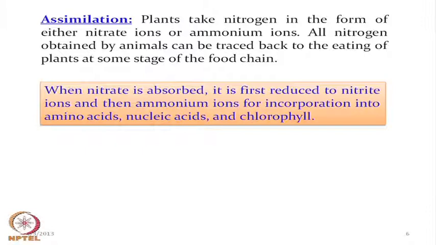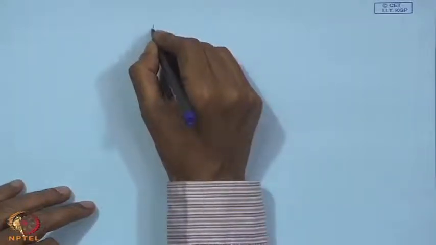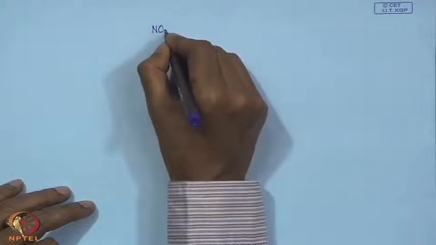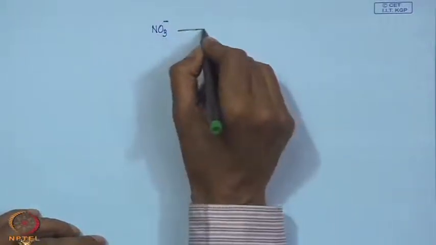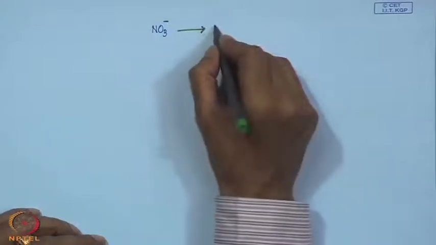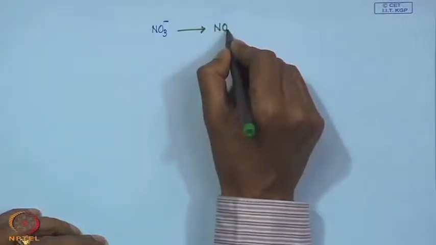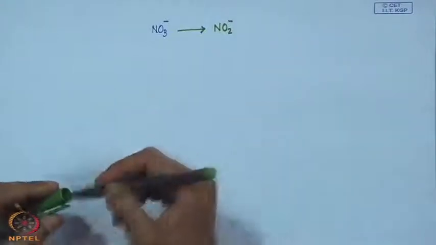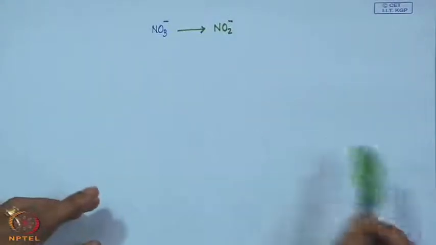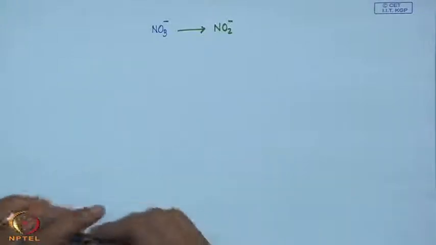So, when we are able to make these anions into nitrate, which is very useful, the soil should also have some enrichment of the nitrate anion, which can be reduced to nitrite ion, and this is the corresponding reduction reaction.